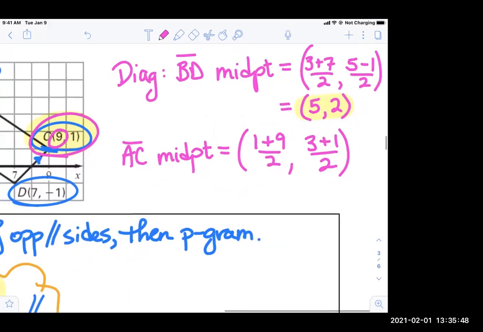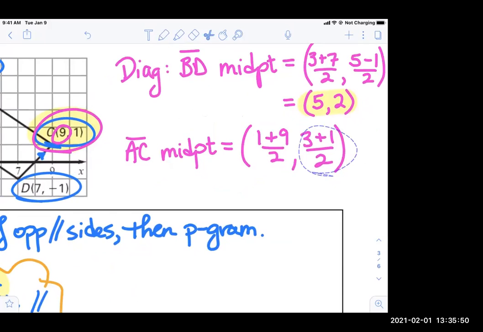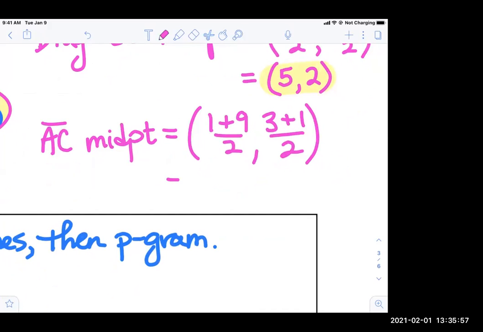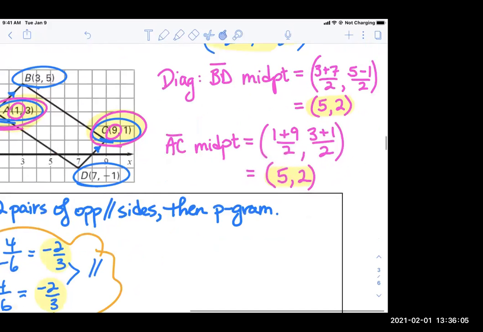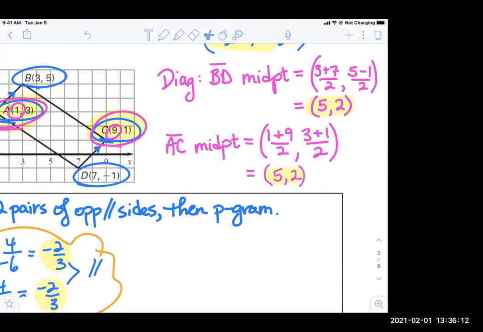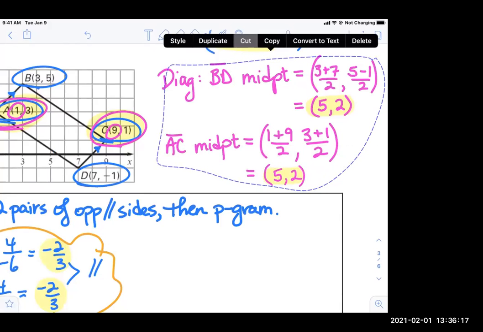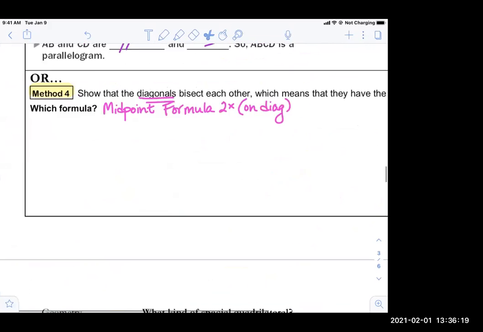Right. Now, again, you know that these are supposed to be the same value. So if you make a mistake in the calculations, or if you use the wrong formula, something's not going to seem right because you're not going to get the same answer. So 10 over 2 is 5. 4 over 2 is 2. We got the same answer. And that means that the diagonals do share a midpoint, which means that it is a parallelogram, which is what we were supposed to be determining.